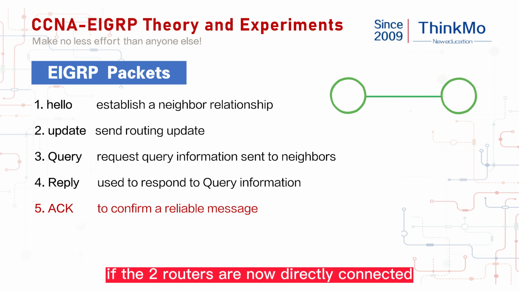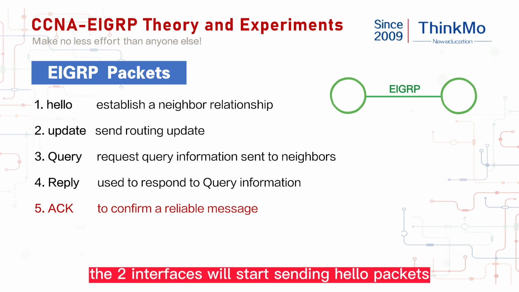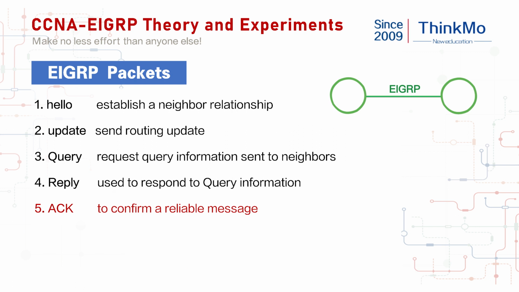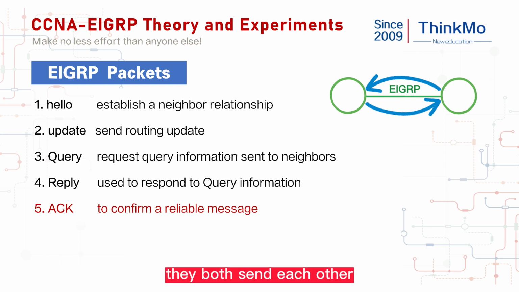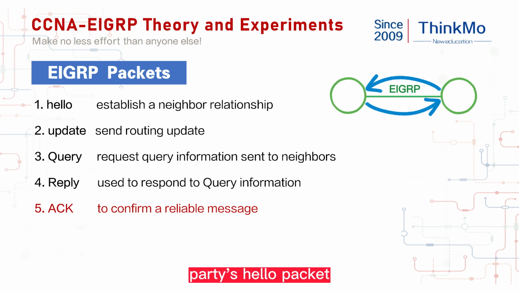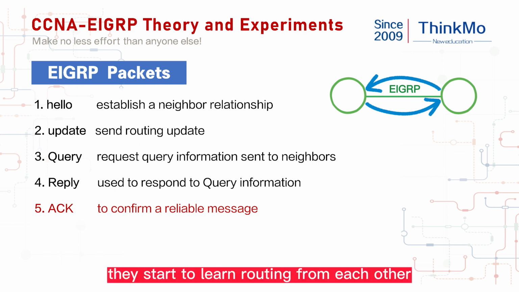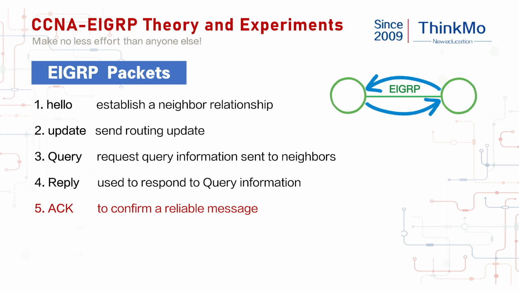If two routers are directly connected, once EIGRP is announced, the two interfaces will start sending hello packets to the outside world. They both send to each other. Then when one of the devices receives the other party's hello packet, the two of them will establish a neighbor relationship.